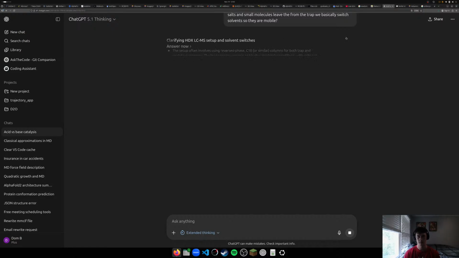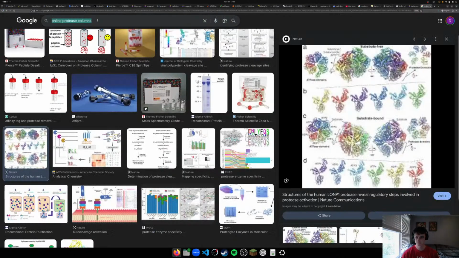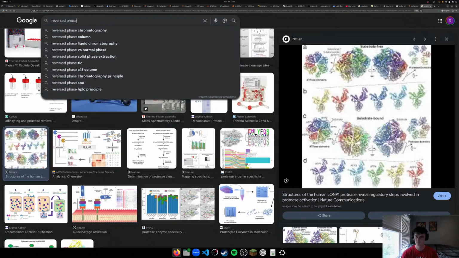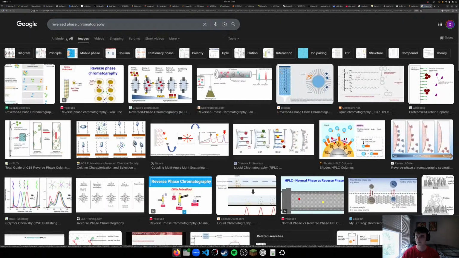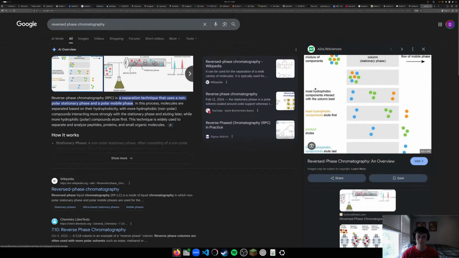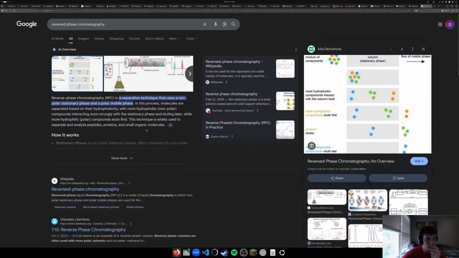Reverse phase. What is reversed phase? Non-polar stationary phase and a polar mobile phase. Why is it called reverse?